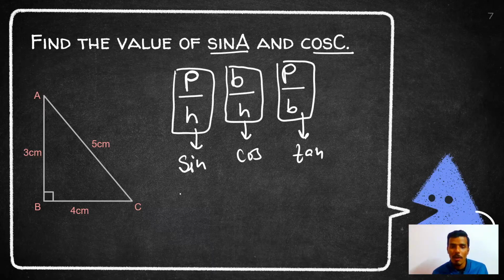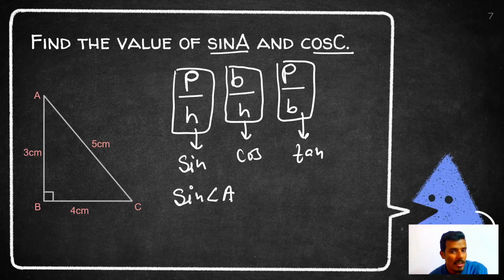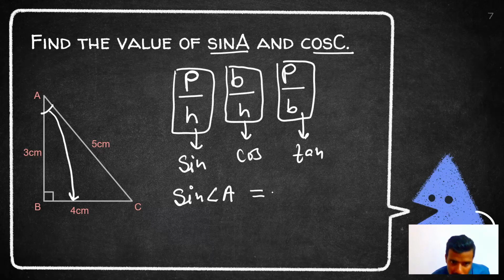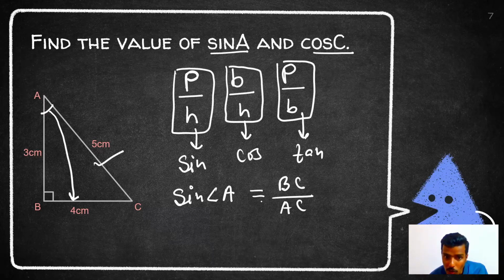Now, what we have to find? We have to find sine of angle A. Sine of angle A is equal to perpendicular over hypotenuse. For angle A, the perpendicular is the opposite side, BC, and the hypotenuse is always fixed, which is AC. The value of BC is 4 and the value of AC is 5. So, the value of sine A is 4 by 5.